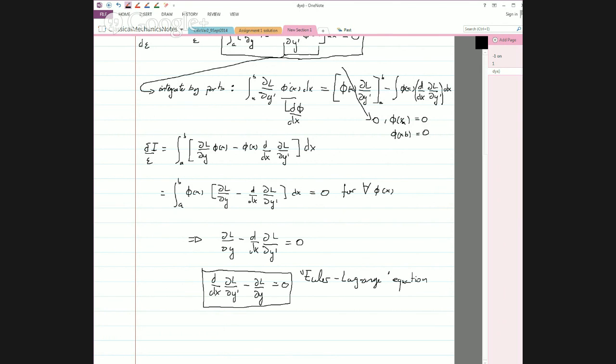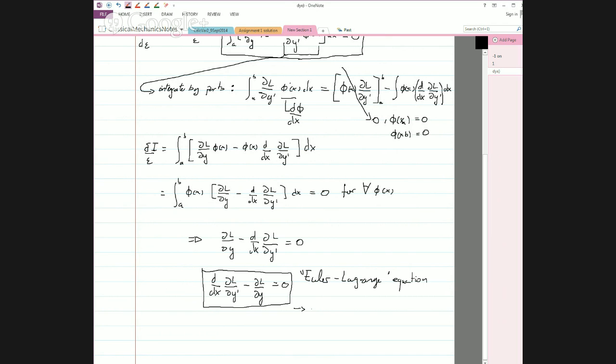So remember, our problem is that we have a function L that depends on the function y and y prime. All we need to do to solve for y is to take the derivative of L with respect to y prime. It's a partial derivative, so it's easy to do. Then we differentiate that with respect to x. Then we take the partial derivative of L with respect to y, subtract the two and set equal to 0, and that gives us the differential equation for y of x.